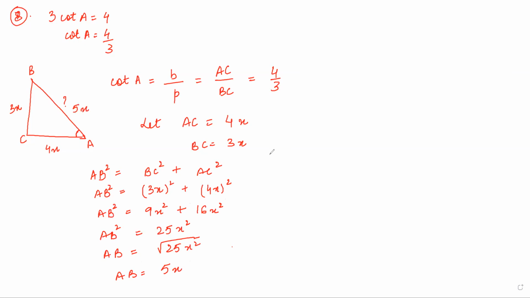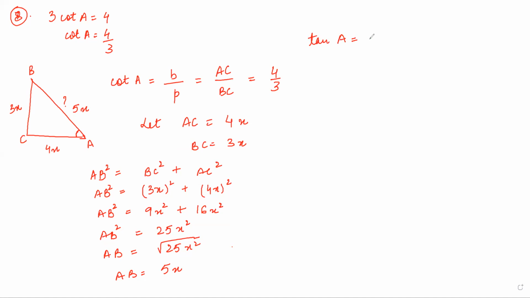Now see what you have to do here. You have to check whether the LHS and the RHS are equal or not. So you have to find the value of tan A first of all, then cos A and sin A, right? Let us find out tan A first. What is the trigonometry ratio?